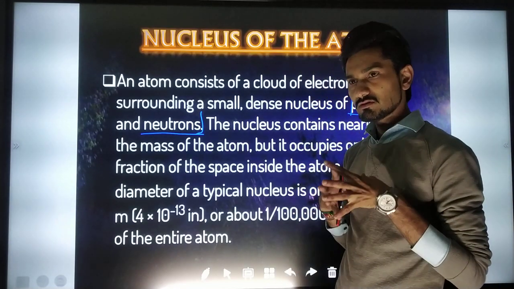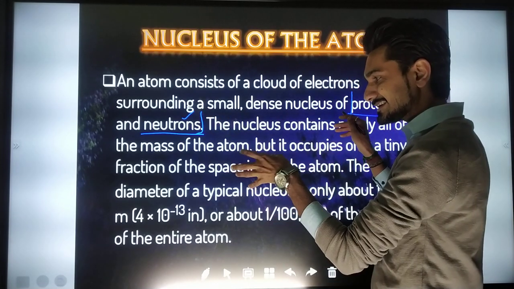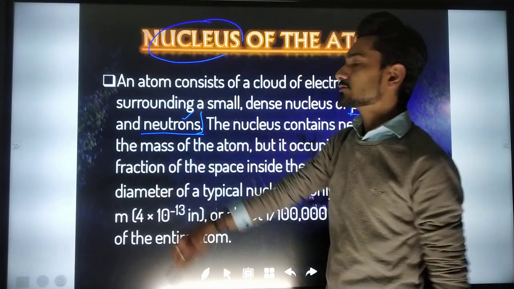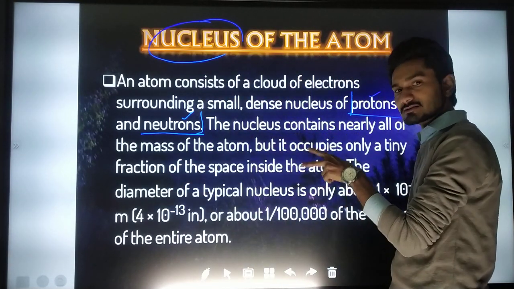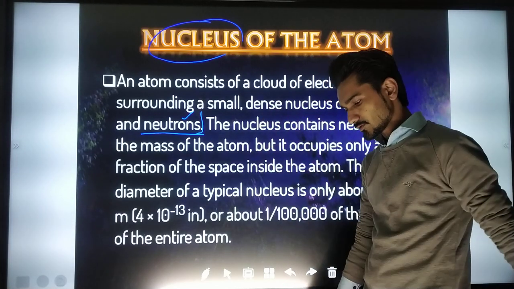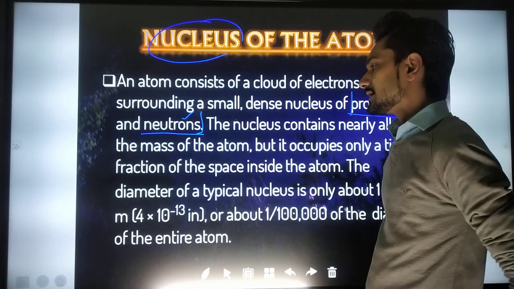So we are going to study first the protons and neutrons, because they lie beneath the nucleus. The nucleus is made up of two subatomic particles, which are proton and neutron. The nucleus contains nearly all of the mass of the atom.